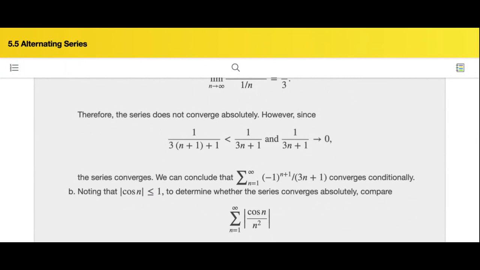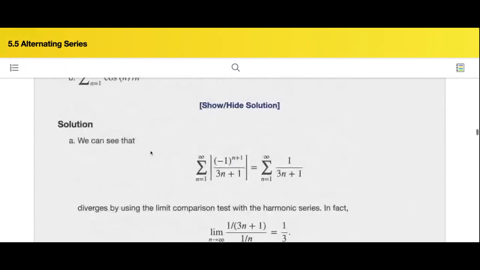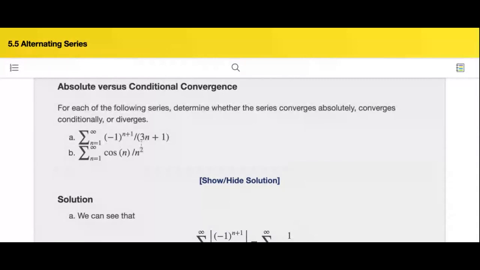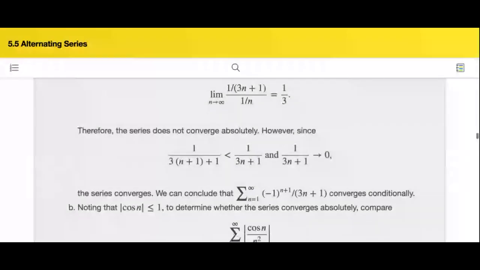We can conclude by the alternating series test, this series A converges. All right, series A converges, but it converges conditionally because the absolute value of it diverges. So this is a conditional convergence.